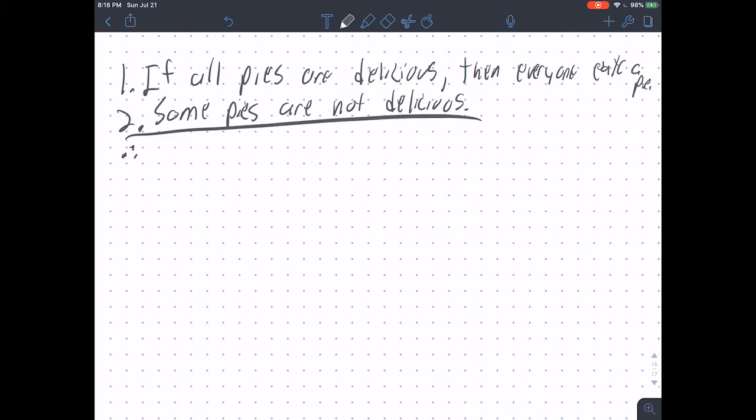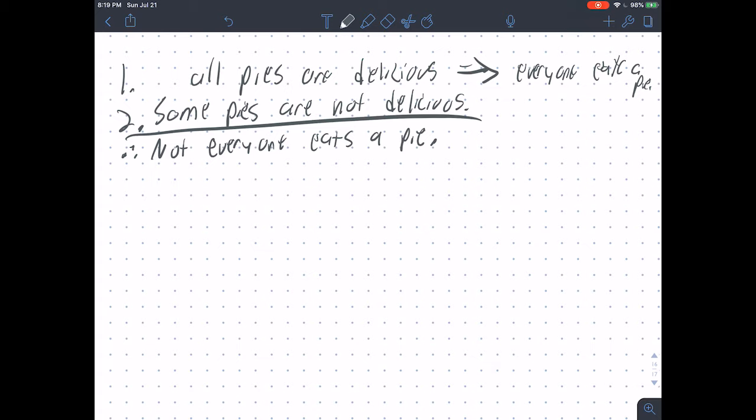Conclusion: not everyone eats a pie. Right, so there's an if-then there. But we're mixing and matching propositional logic and term logic.